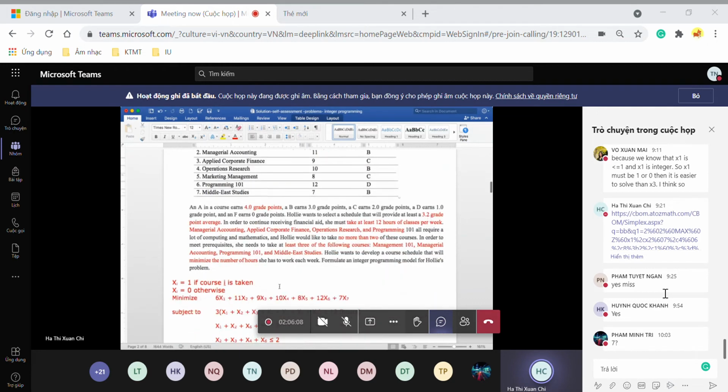So you must take 3 hours for each class. But she must take at least 12 hours, right? So some courses you take, but some courses you don't take. But the total must be greater than 12 hours. Is that clear?